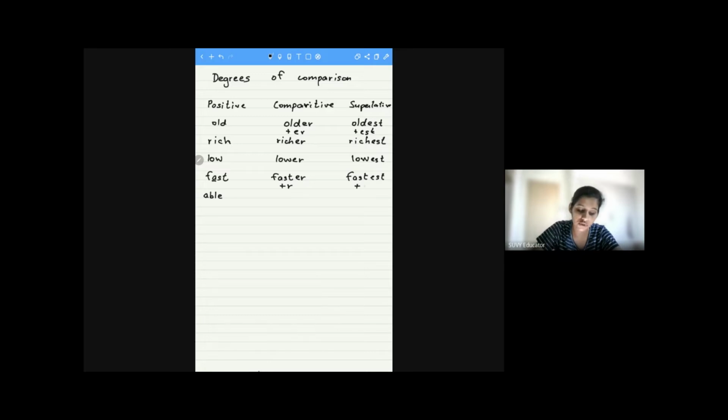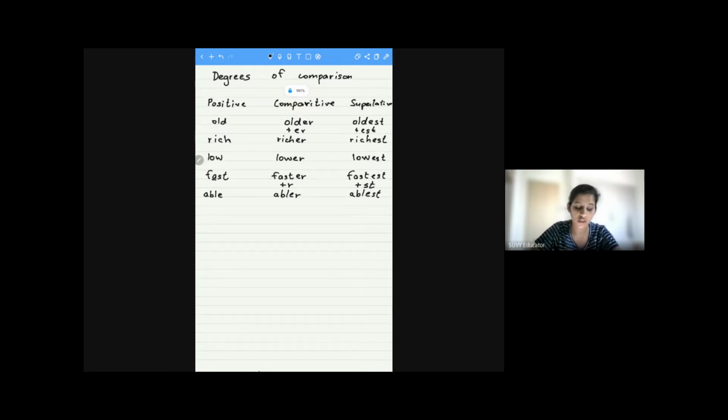And for the superlative, you just add an st. So now this becomes abler and ablest. Okay? So, what did I say? When the adjective ends with a vowel, you just add an r for the comparative and st for the superlative.